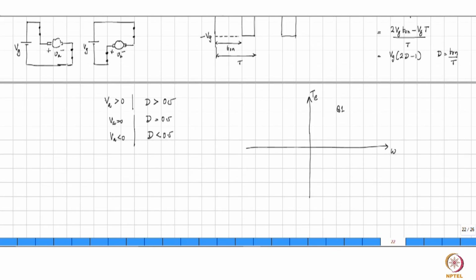now let us say you are going to have a robotic arm. That's a nice example. So you have a robotic arm that is to pick up an object from here and go and put it there. That means the motor has to rotate in a certain direction. It will have to go like this and then come down.